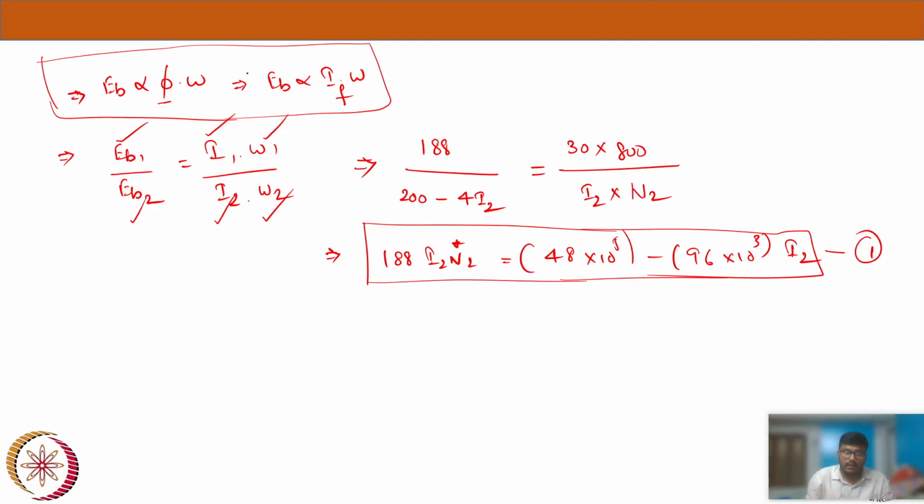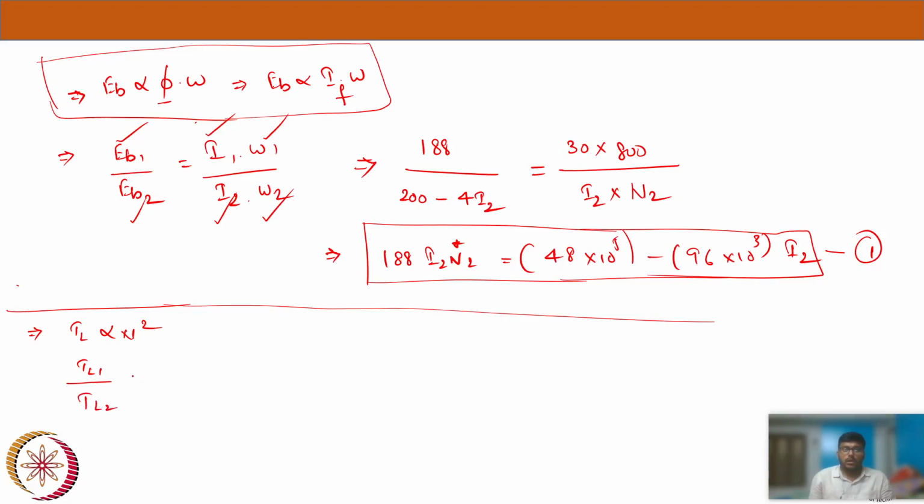Load torque is proportional to N square, so TL1 by TL2 is equal to N1 square by N2 square.